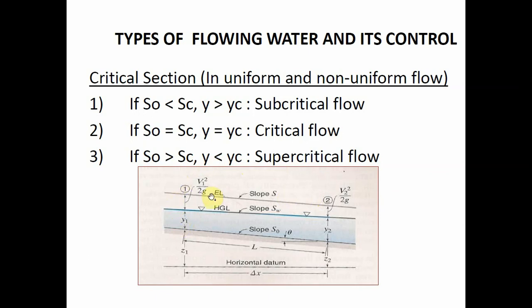So this is the flow diagram. This is the length. Then here it is v1 squared upon 2g, the velocity head, and here it is also the same. At the inlet it is v1 squared upon 2g, and at the outlet it is v2 squared upon 2g, and this is y1 and y2. y1 is the inlet side and y2 is the outlet side, and this is the datum line, and this is the change in the inlet, that is nothing but delta x.